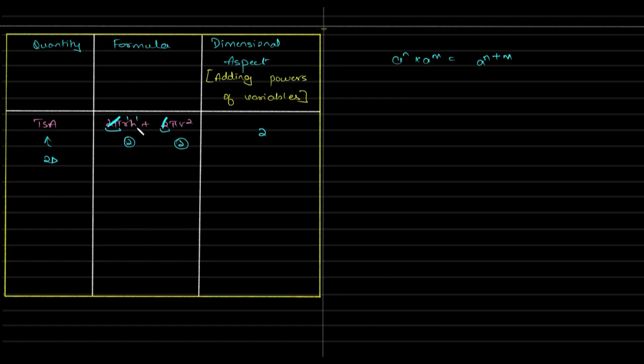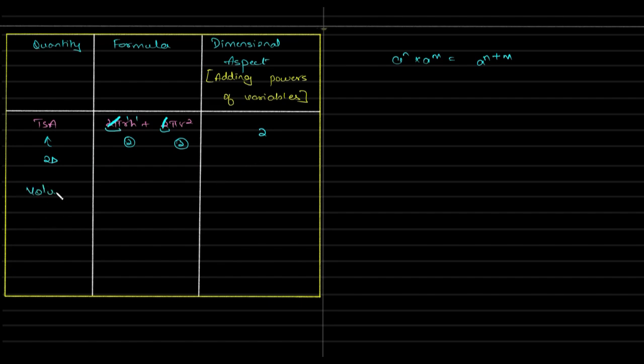It's only for dimensional analysis. It's nothing to do with exponents. If we need to add something, we should be adding the powers of variables which we are multiplying. So in this case, 1 and 1 will give us 2. It's already 2 over here. So the combined power, whatever you want to call it, is 2.